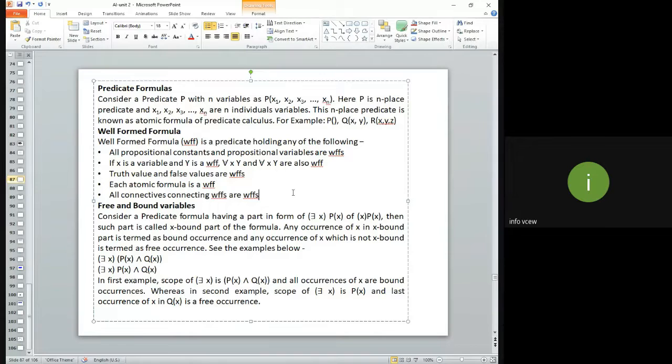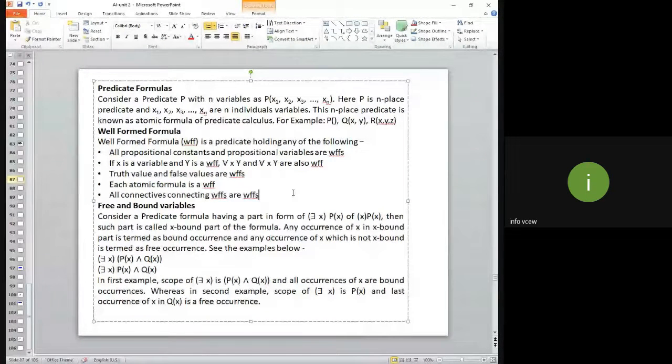And true and false values: suppose today we have class up to 4 o'clock, this may be true or false, we don't know, but it is a well-formed formula. If any one variable is true, then the entire statement is a well-formed formula.